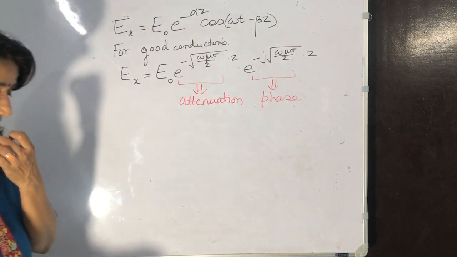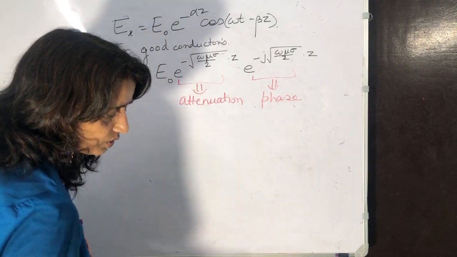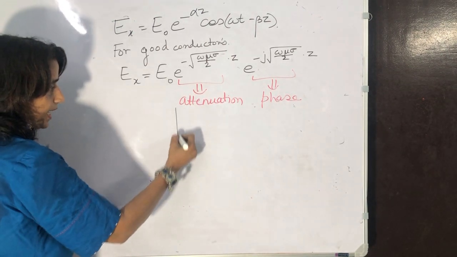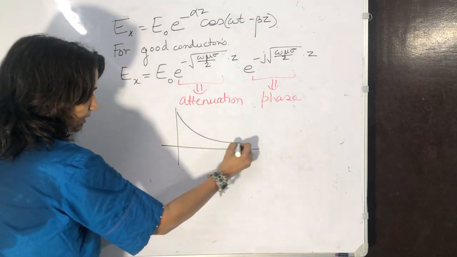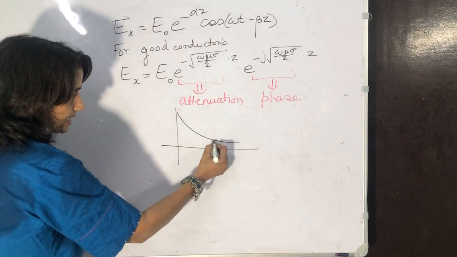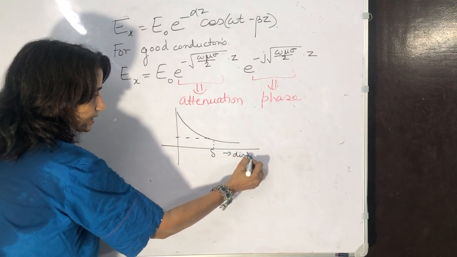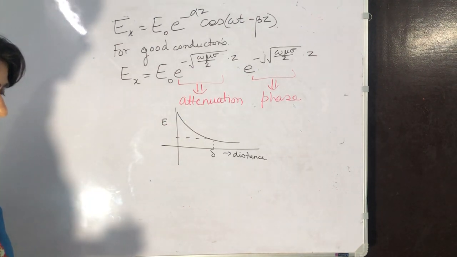Next, you can also have skin depth. There are 2 or 3 more formulas. Skin depth: how much has the wave penetrated? Suppose this is the distance up to which it penetrated, and suppose it is the electric field. Then how much did it penetrate?